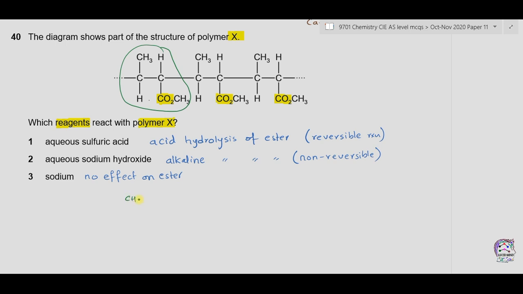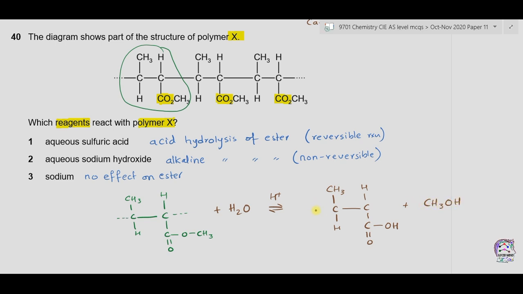We have CH3 upon reaction with water in the presence of acid, it will convert into this compound. Along with alcohol.